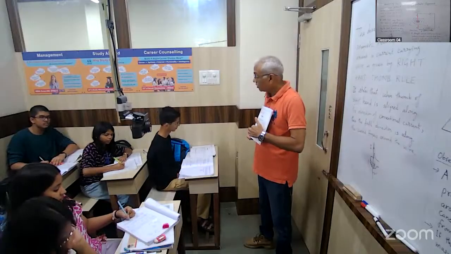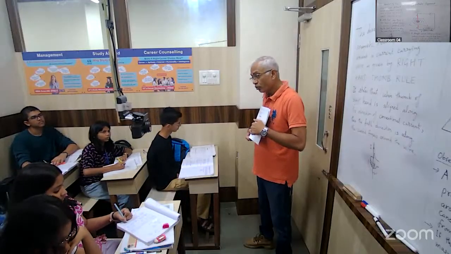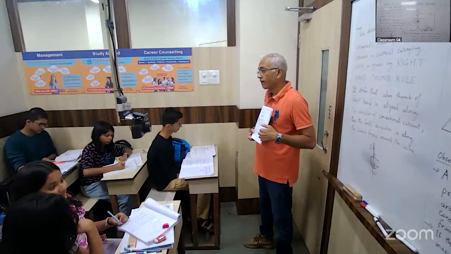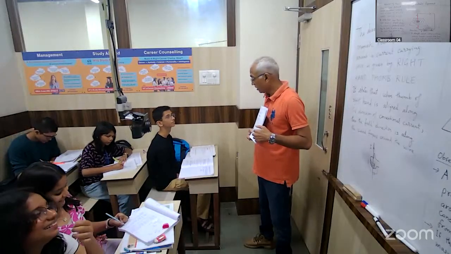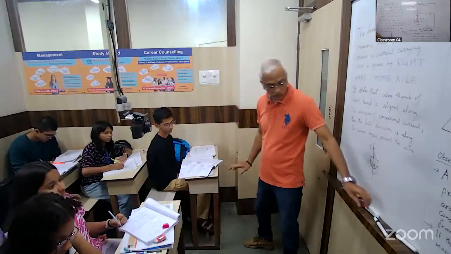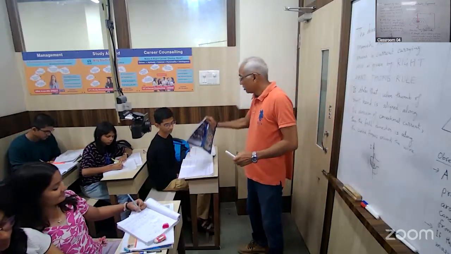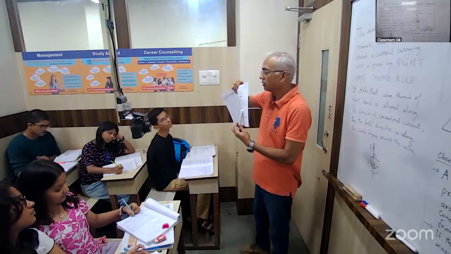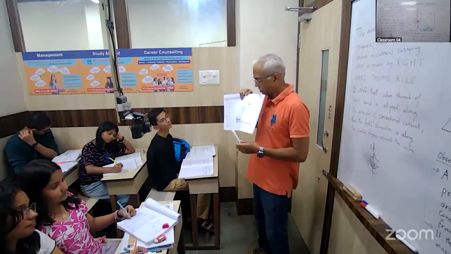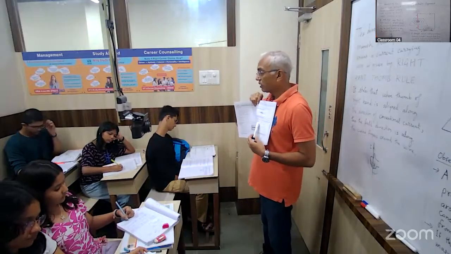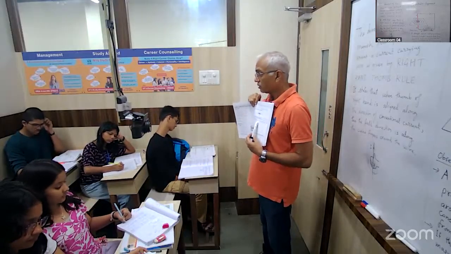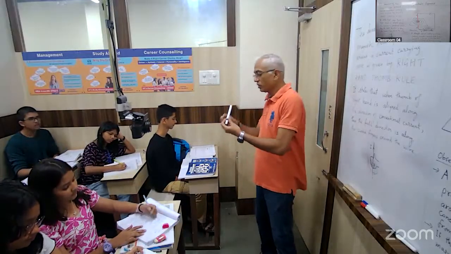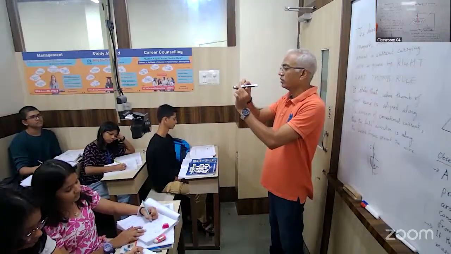This magnetic compass is kept once above the wire and once below the wire. Look here, these two diagrams. In one case, the magnetic compass is kept above the wire, and in the other, below the wire. So the field direction above the wire and below the wire is different, right?